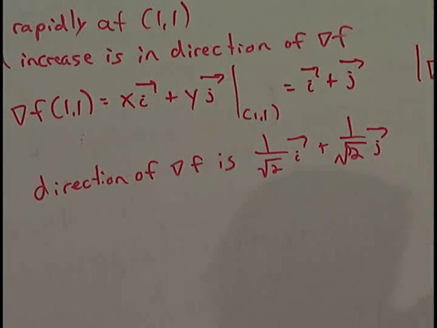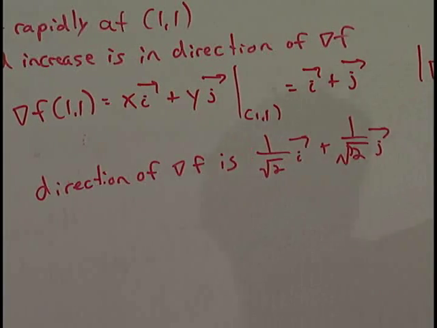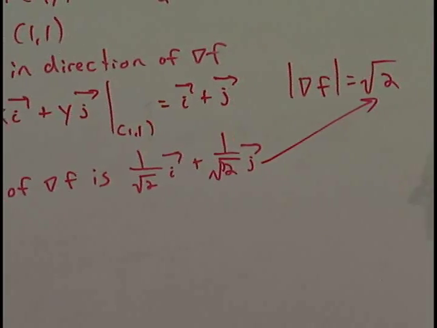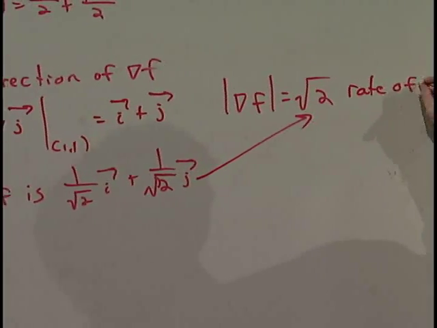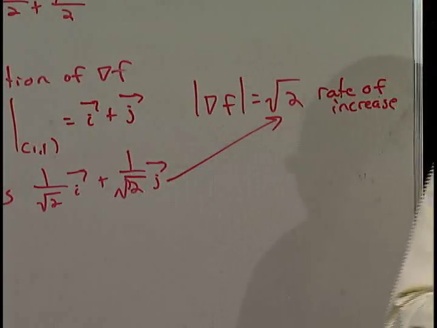So that's the direction of grad f, and this is the direction of most rapid increase. And in fact, the rate of increase there is root 2. So this is the direction of most rapid increase, and this is the rate of increase. Remember, the rate of increase when it's most rapid is just the length of grad f.